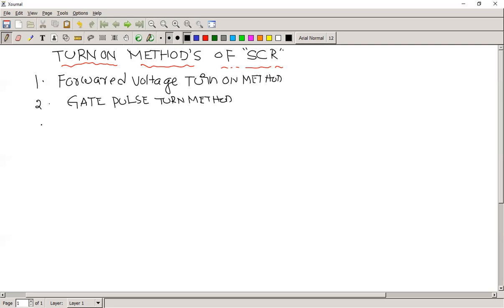Third one is the dV by dt turn on method.